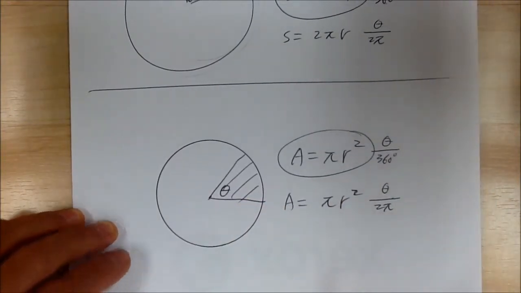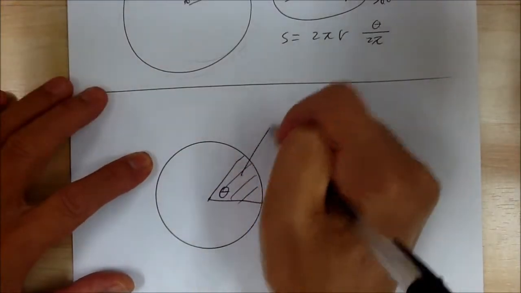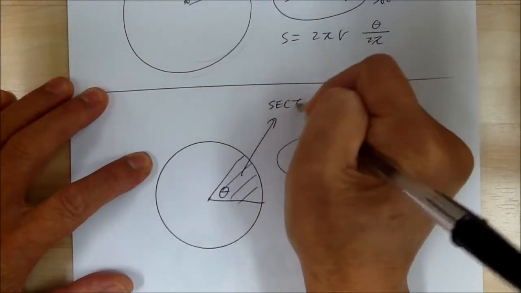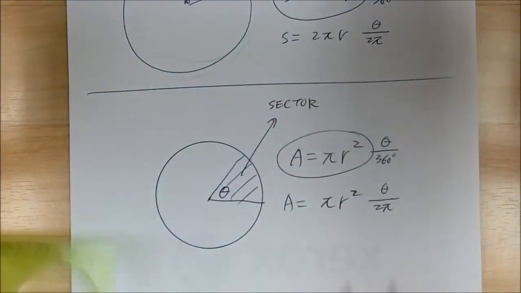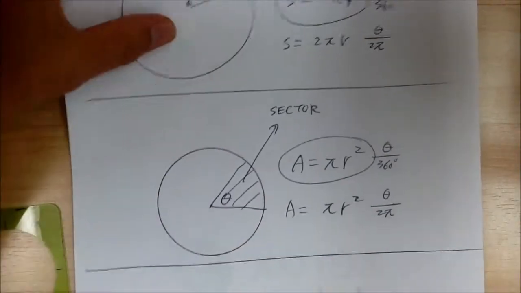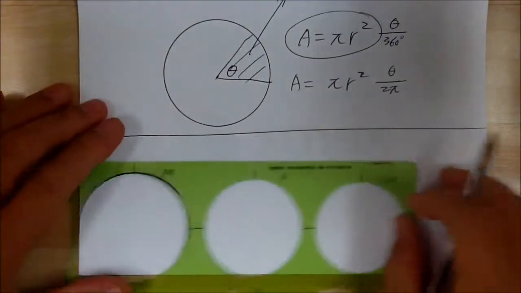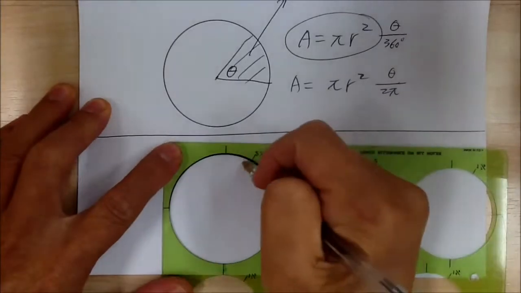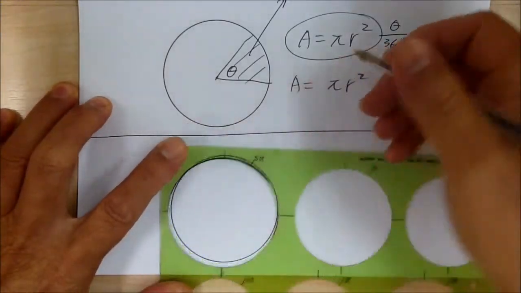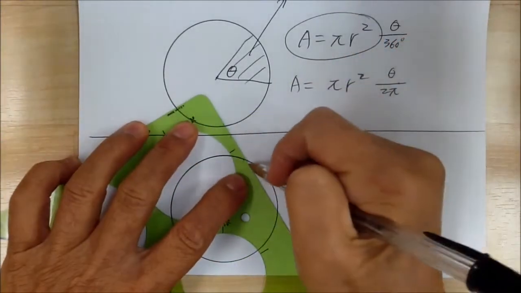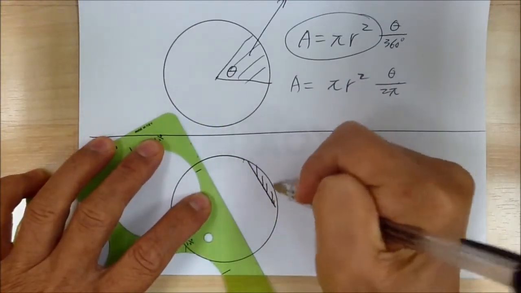Now, this is called a sector. Now, if you figure out the area of a segment, a segment is this part right over here. This is called a segment.